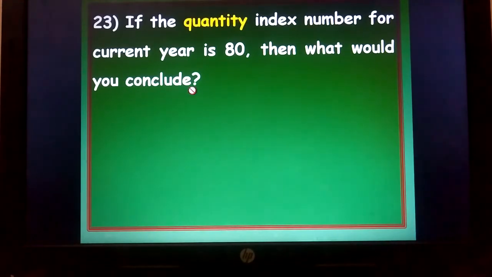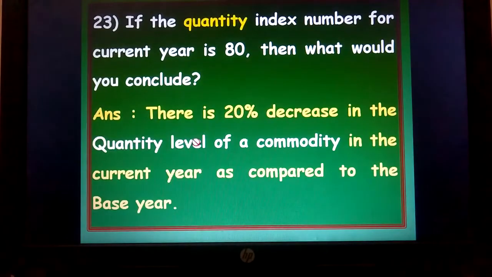Let us see what the answer is. There is a 20% decrease in the quantity level of a commodity in the current year as compared to the base year. Hope you are following me, students.